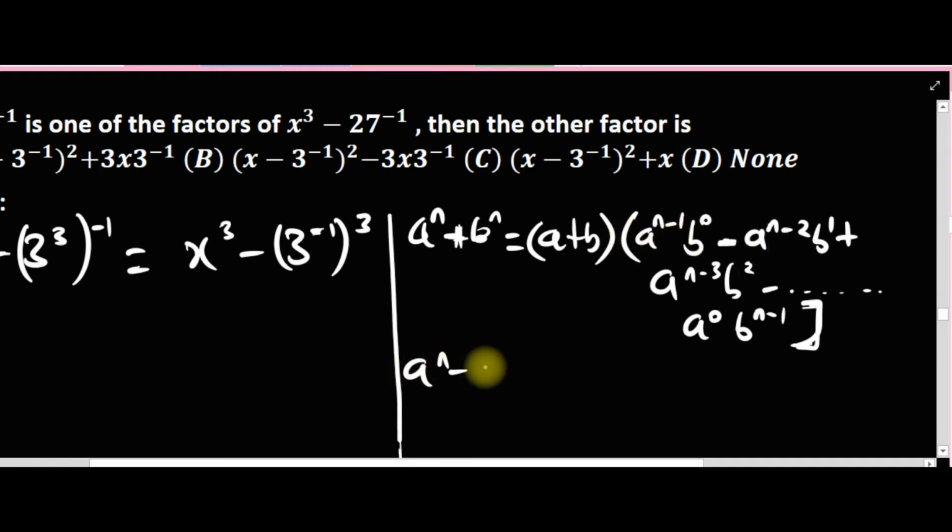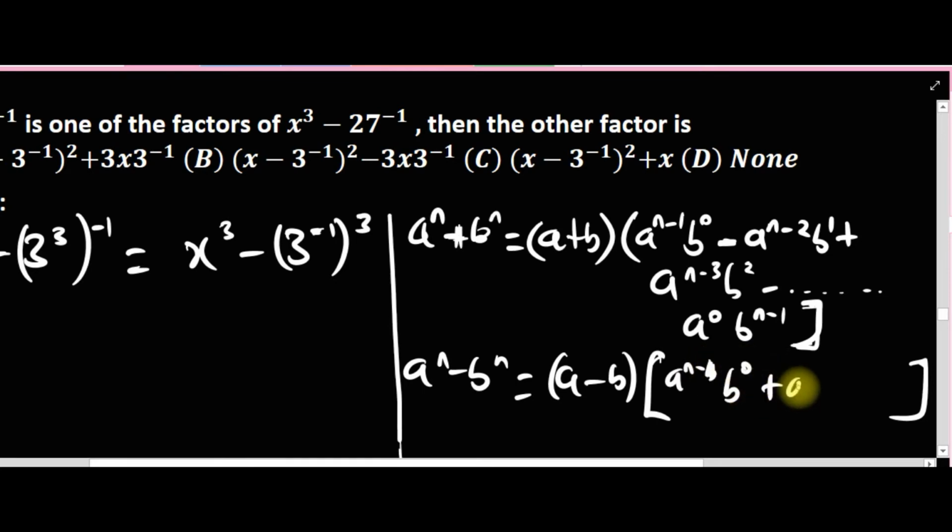But if it's negative, the first factor is a minus b, while the signs in the other bracket will be constant plus: a to n minus 1, b to 0, plus a to n minus 2, b to 1, plus, and so on. That's how a will decrease to 0, while b will increase to n minus 1. So that's what I will use here.